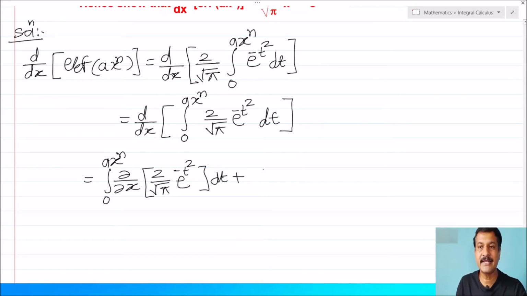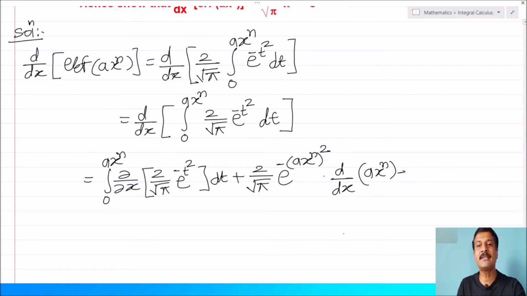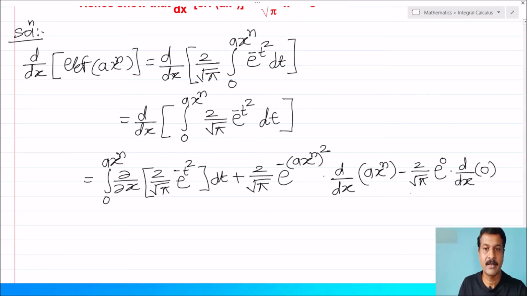The variable is t, so 2 by root pi into e raised to minus (ax^n) squared into the derivative of the upper limit with respect to the parameter, minus the same thing with the lower limit, the variable replaced by the lower limit, now 0, into the derivative of the lower limit. So definitely this value now becomes 0.